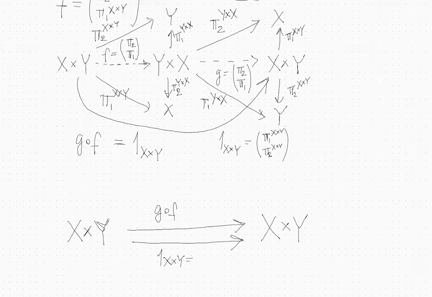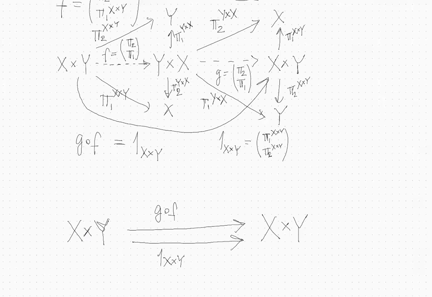When I have two morphisms going to the same product, we can think of this as two generalized elements, right? But because of this Cartesian nature of the product, the two morphisms would be equal if they are equal after they are composed with pi1 and pi2, right?